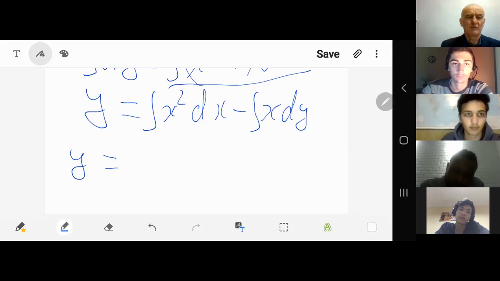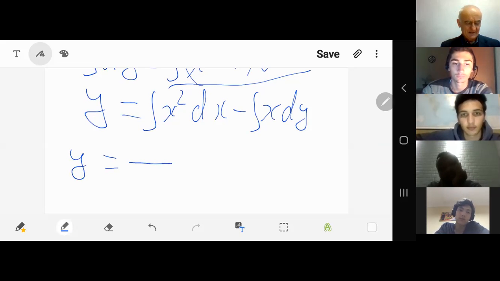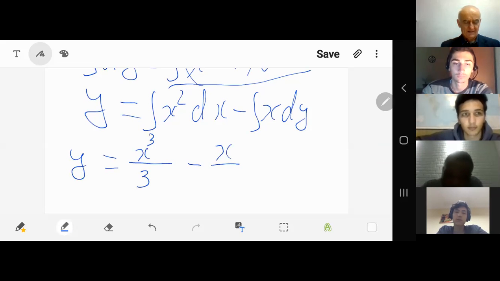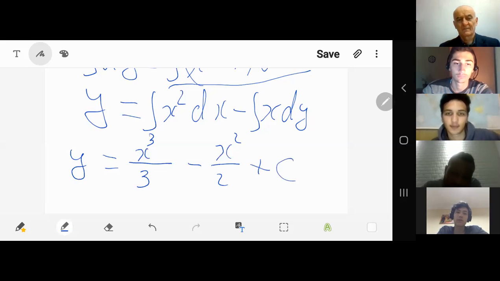It's going to be x cubed divided by 3 minus x squared divided by 2, and plus C. This is the general solution for the given differential equation.